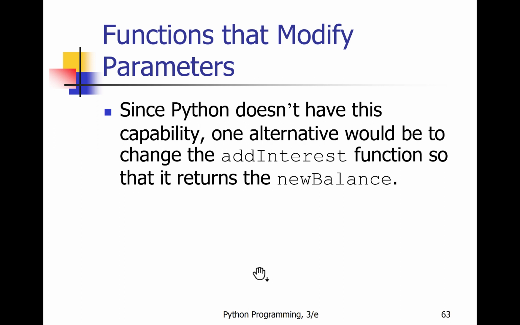The typical thing that you do is that you're passed in the actual parameters, and instead of changing the value of one of those actual parameters, which is pretty hard to do, as we just saw, it can't be done with immutable value objects, we just return the new balance.